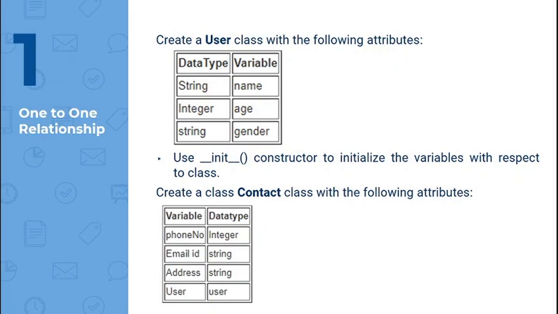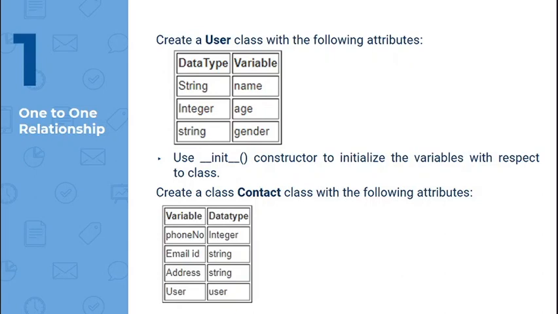Now we have to create a user class with the following attributes: name, age and gender. Age is an integer. Then you have to use the constructor to initialize the variables with respect to the class. Then we have to create another class called contact with phone number, email ID, address and user. So the fourth member is a user object.